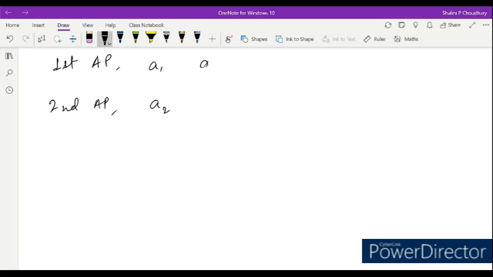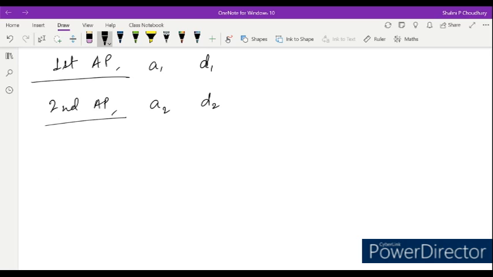In this case we'll take the difference d1 and in this case the difference d2. Why? Because the question gives the ratio of the sums of the two arithmetic progressions. So the sum of n terms, meaning the number of terms is the same in the first arithmetic progression and the second; both have the same number of terms.